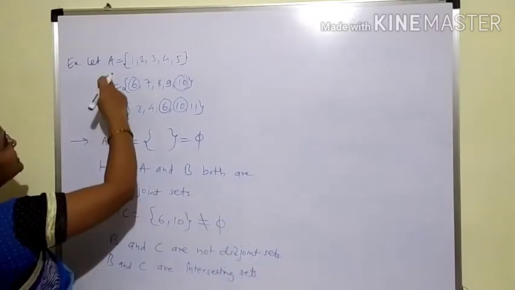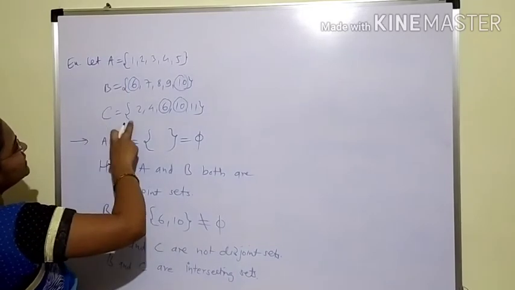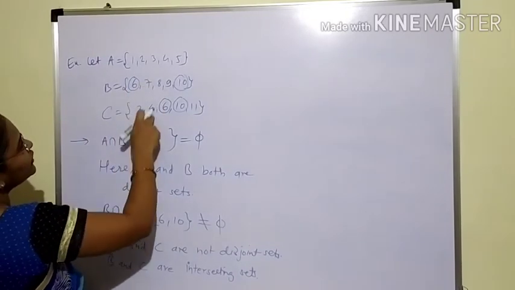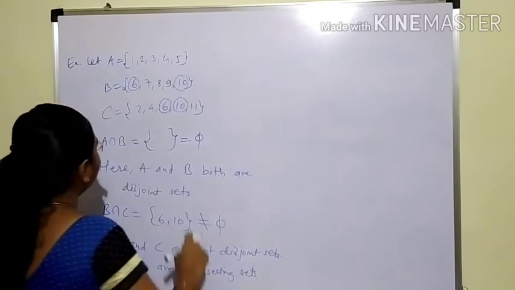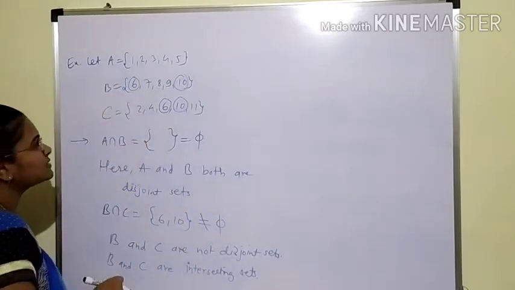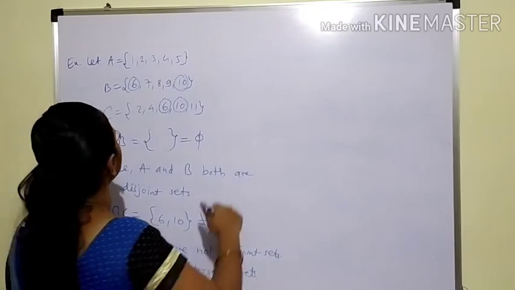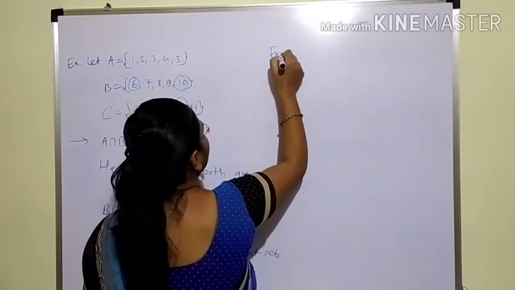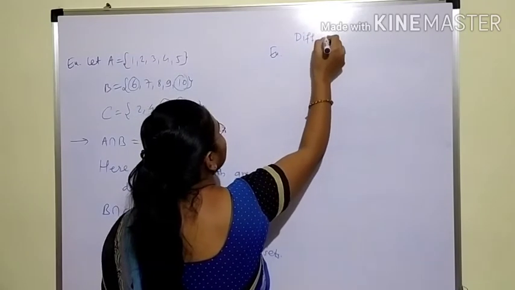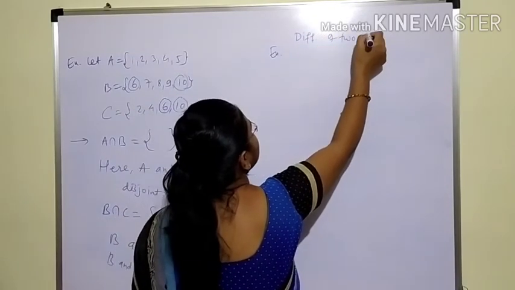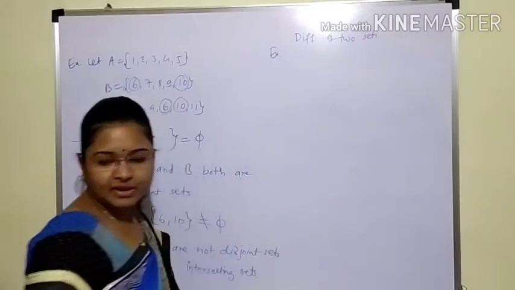If we see set A and set C, here 2 and 4, two elements are there. So A and C, both the sets are also intersecting sets. Understood? Now we'll see an example for the difference of two sets. Okay.